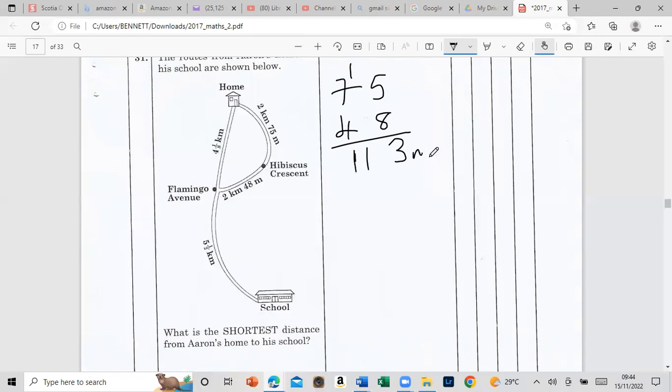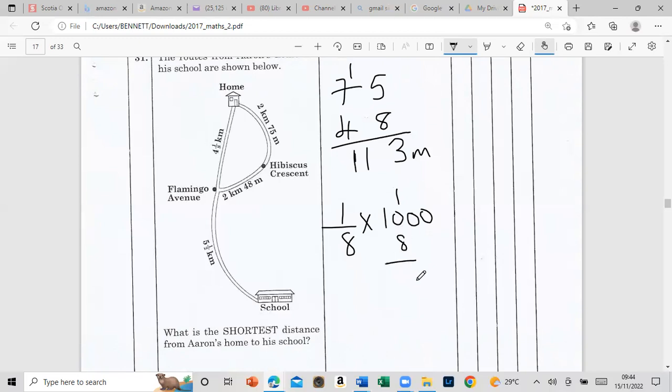We know that it takes 1,000 meters to make 1 kilometer. So let us see if 1/8 of a kilometer is less than this. So we're going to multiply it by 1,000. 8 into 10, that's 1, 8 ones, right?